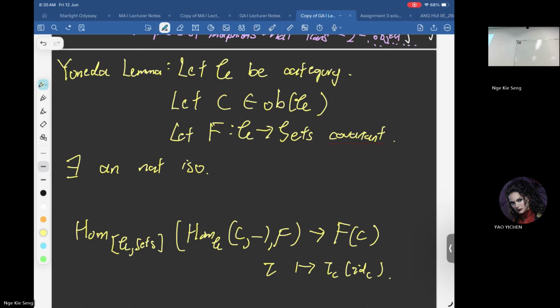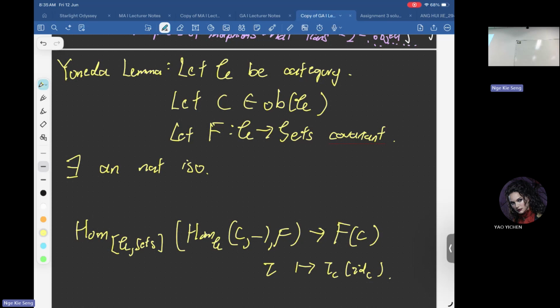And then is it a functor? If you have a map from D to D prime, you can induce a map from Hom(C, D) to Hom(C, D prime). You just post-compose, right? You have a map from C to D, and then you post-compose with a map from D to D prime, and then you will have a map from C to D prime. And then this natural transformation tells you what?